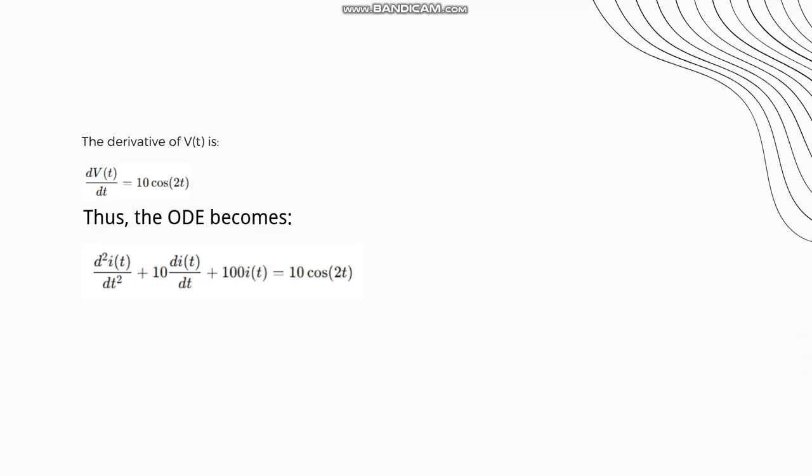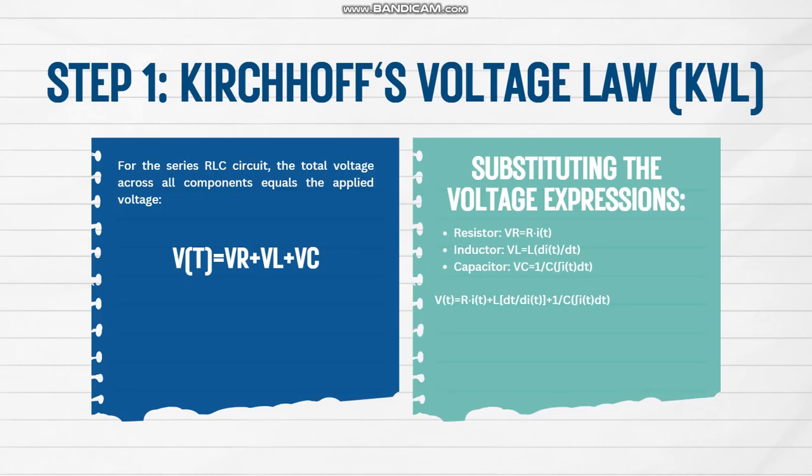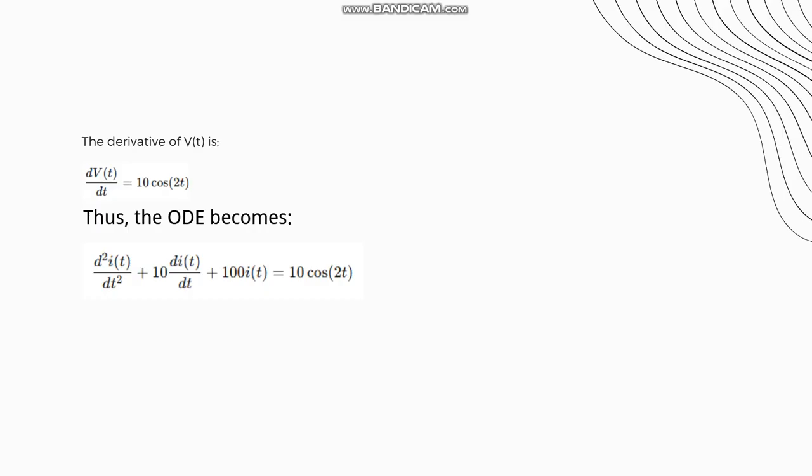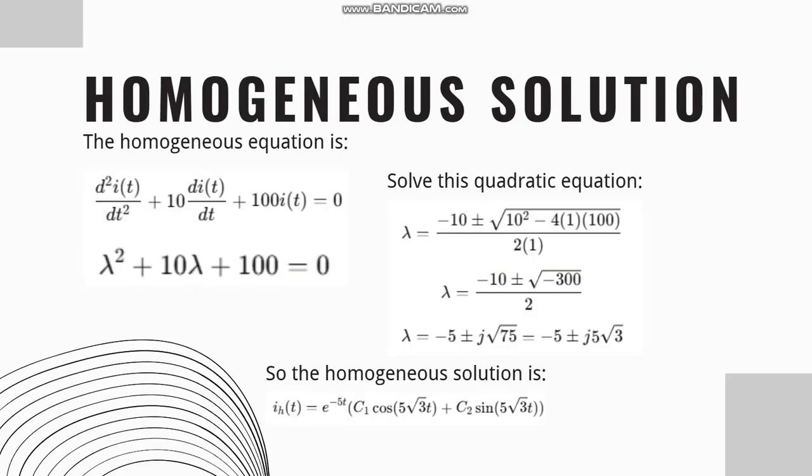Then we need to derive our Vt, which is 5 sine 2t, so we have dV over dt equal to 10 cosine 2t. So the ODE will become d square i over dt square plus 10 times di over dt plus 100i equal to 10 cosine 2t.